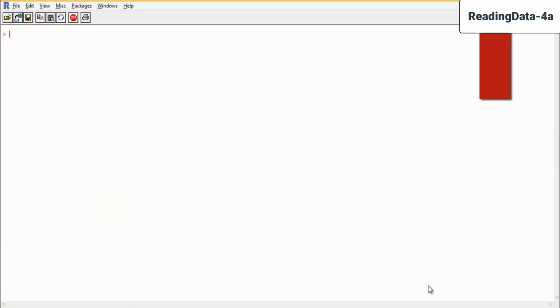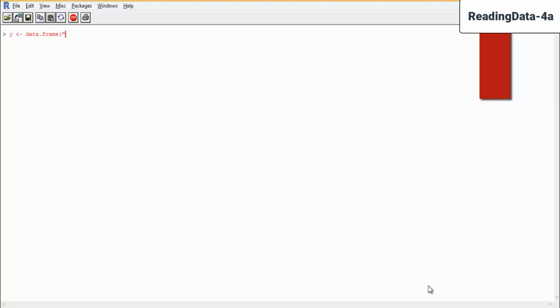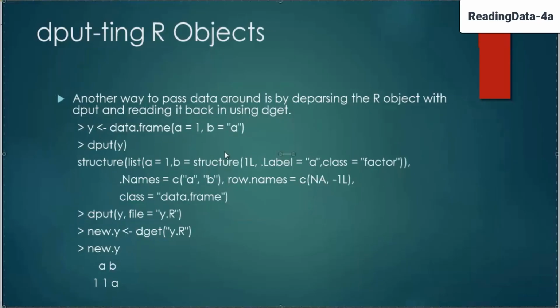Control L, which will clear your screen. Let's create a data frame with a equal to 1, which is a numeric, and b equal to a, which is your character.